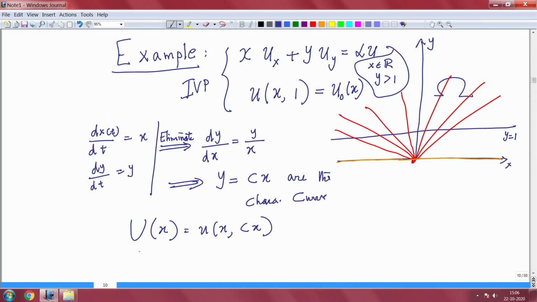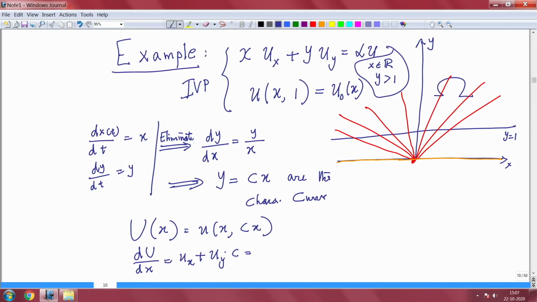If you do this, your dU by dx is equal to ux plus uy into c, but c is equal to y by x, where y equal to cx and c is this constant of integration.